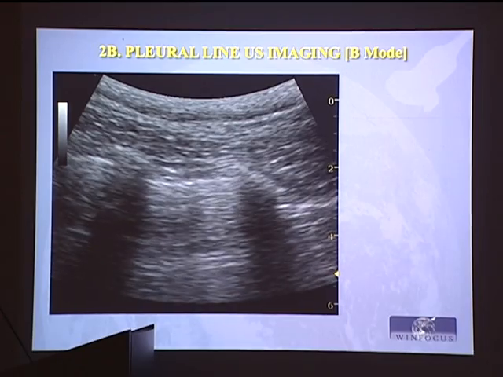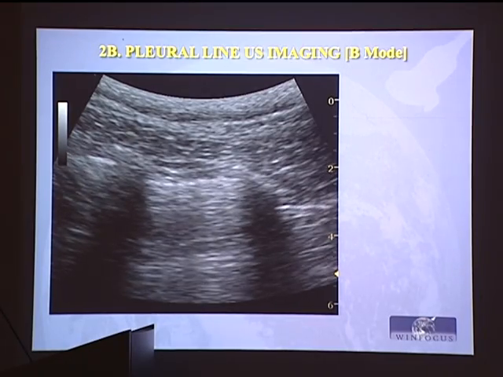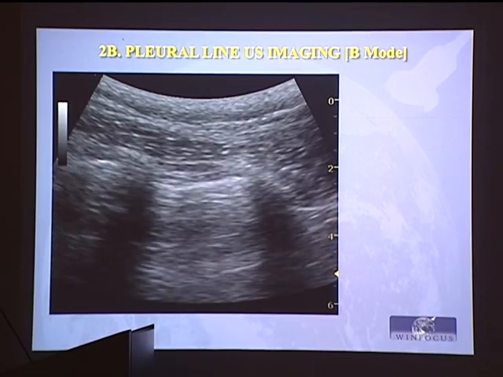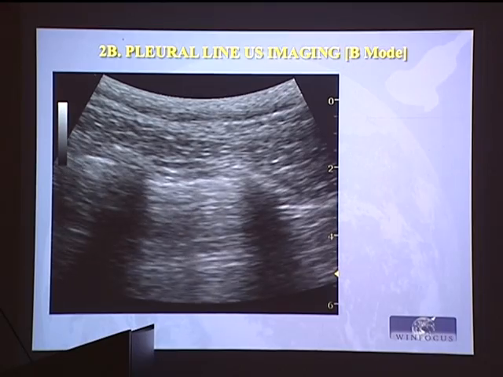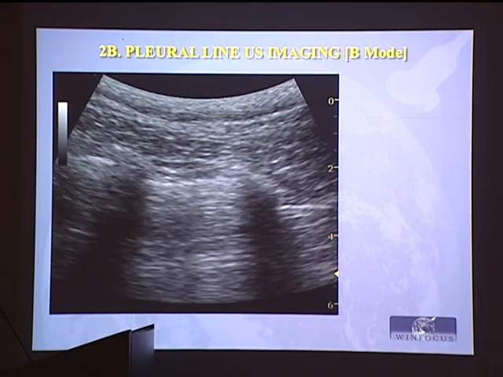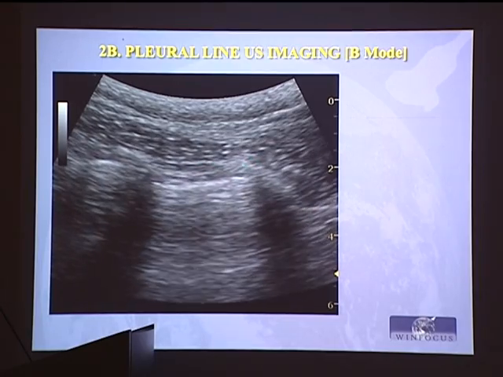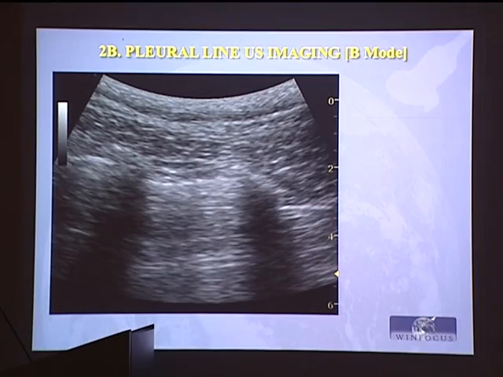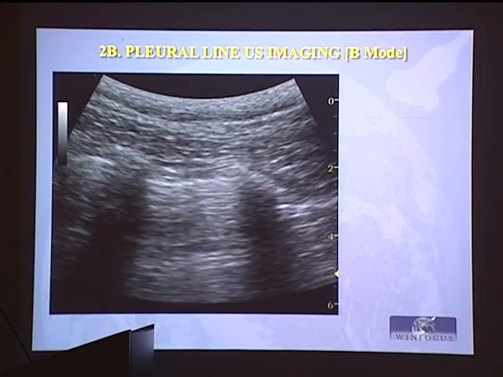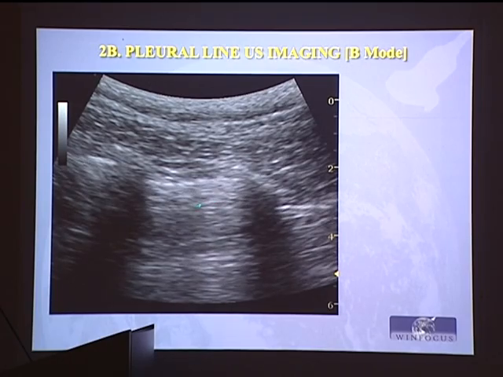The lung still is not collapsed by free air, otherwise I could never see the lung pulsatory. Okay? So if I see sliding or pulse, the lung is not collapsed by free air. No pneumothorax is there. If I don't see any dark or black area in the pleural interface, no fluid there. So no intrapleural air, no intrapleural fluid here.